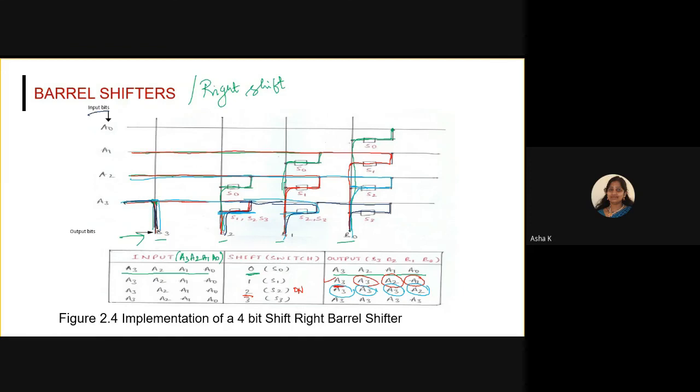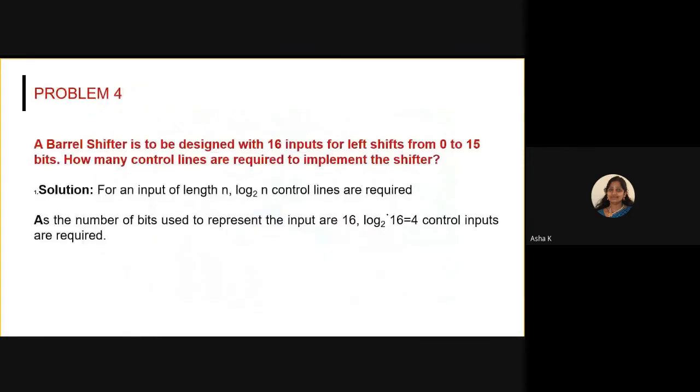So this is the working operation of a barrel shifter to perform right shift operation. For a 4-bit right shift operation, at last all the output bits are A3, A3, A3, A3. So based upon this shift control logic, we are performing right shift operation on the particular data.